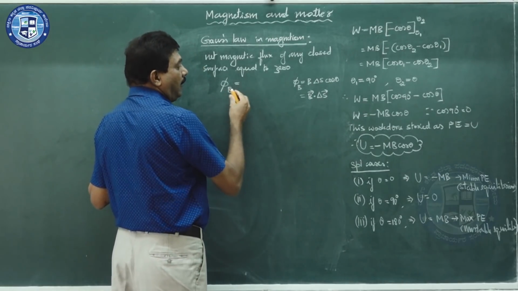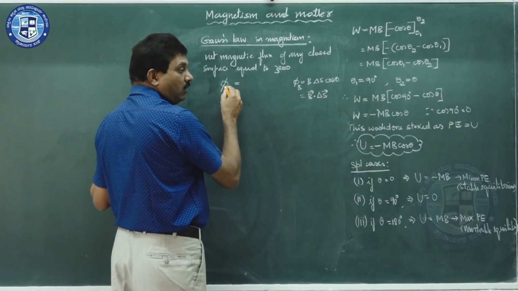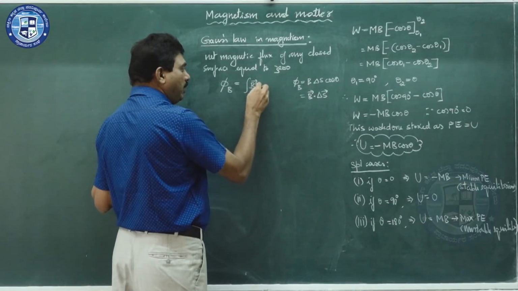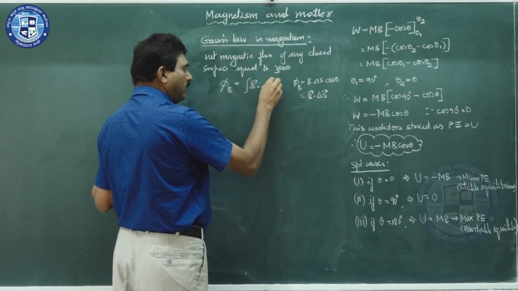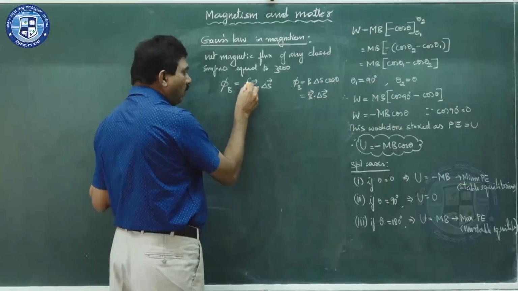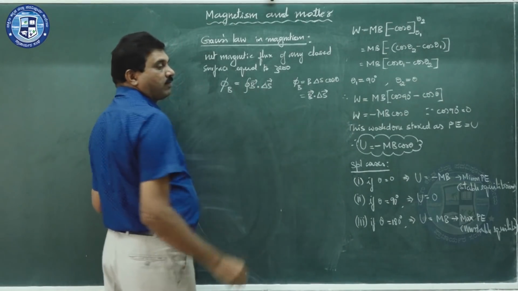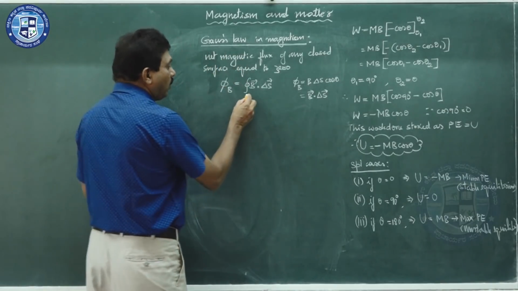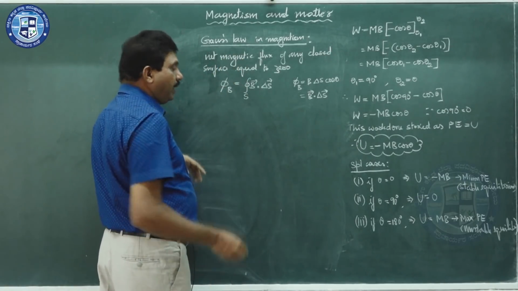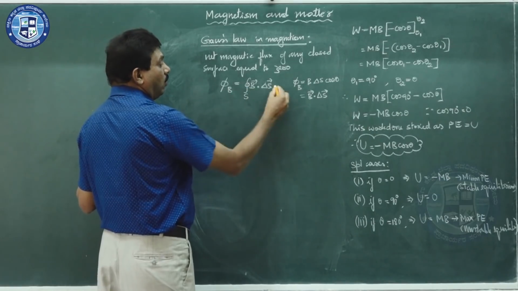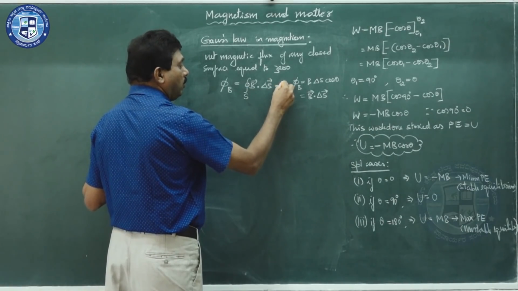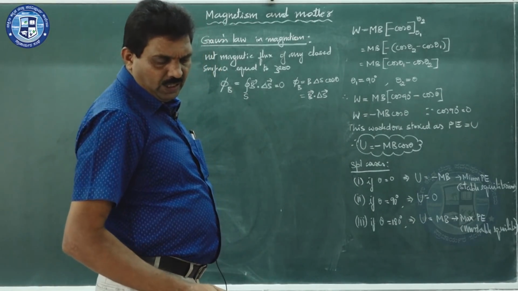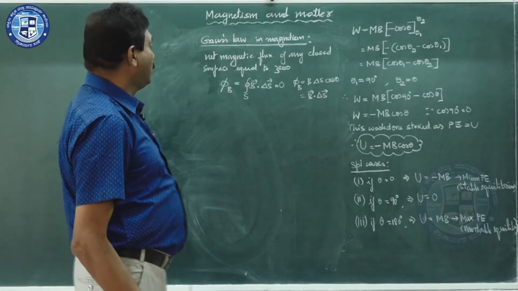Here I am considering the total, so I can take the integration of B dot delta S over any closed surface. This is equal to 0. Total magnetic flux of any closed surface is equal to 0.